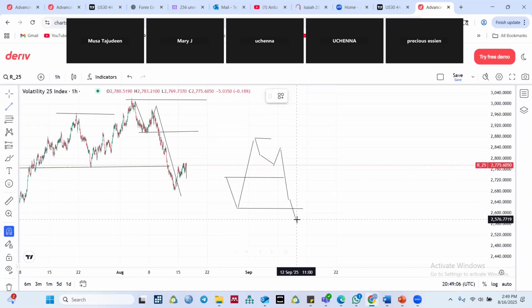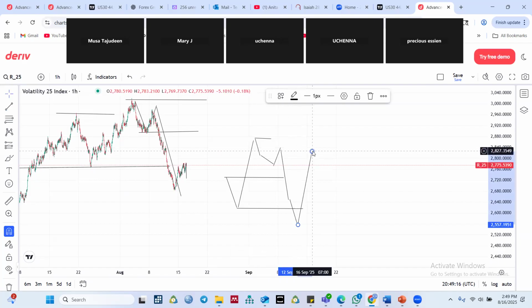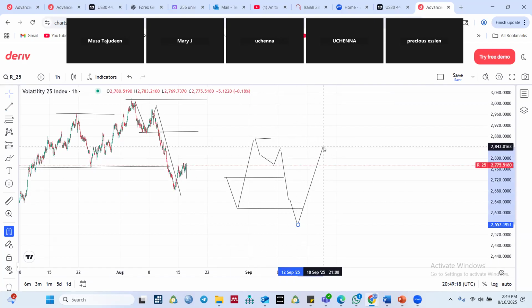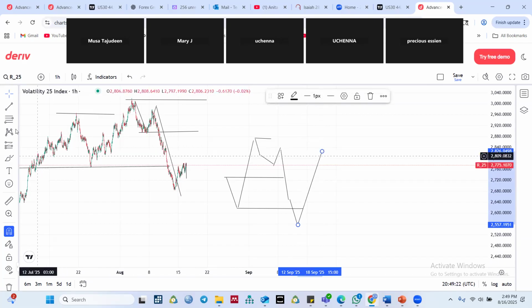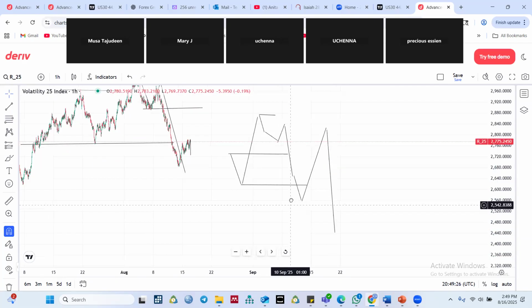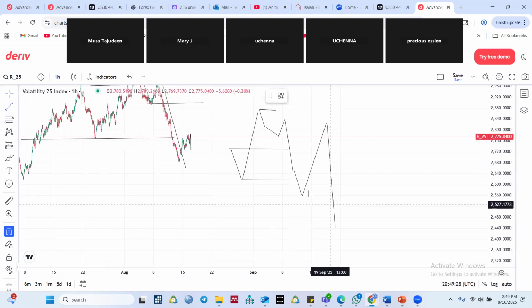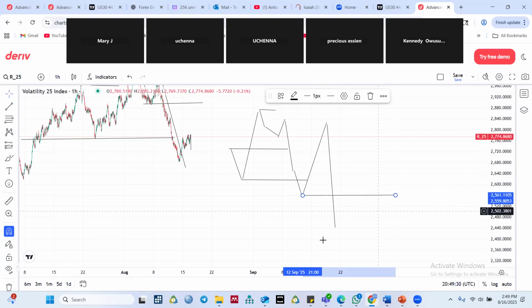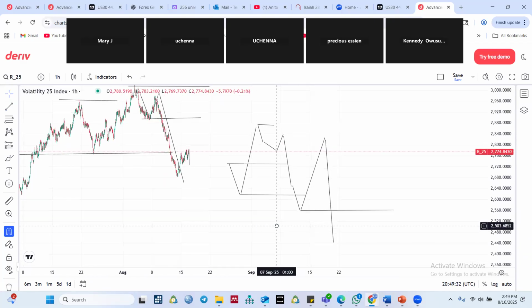So this is a sign that we have change of character. Okay. And now that we have change of character, we should expect price to come in like this, at least into premium, so that we can sell and get a new low. Okay. This is what we should expect.